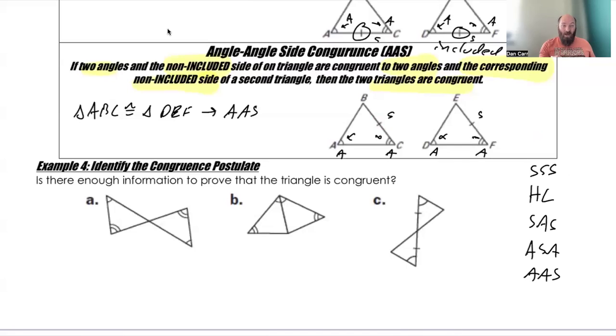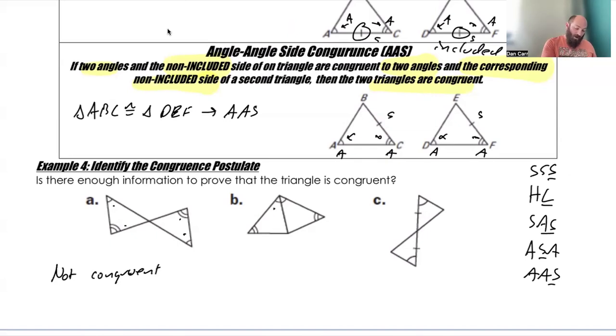The one thing I want to point out is every single one has at least one pair of sides that are congruent. So when I look at diagram A, we have no sides. We have angles here and here, but there's no sides. So these are not congruent. We need at least one pair of sides.